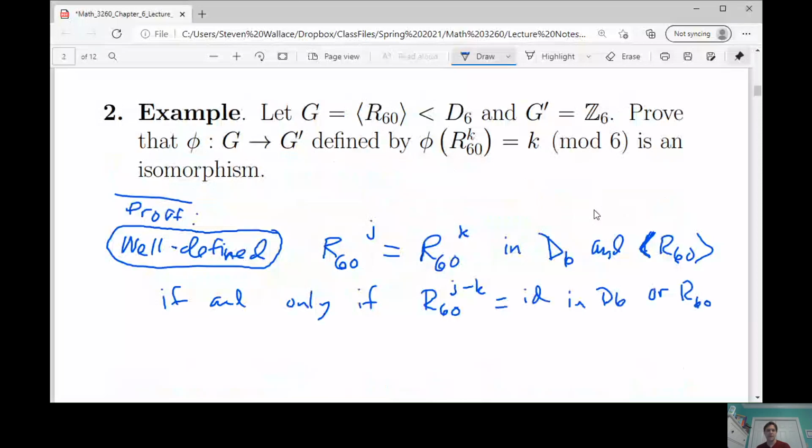So that means that R60 to the J minus K is the same isometry, the same symmetry of the hexagon, that does the same thing as that one.